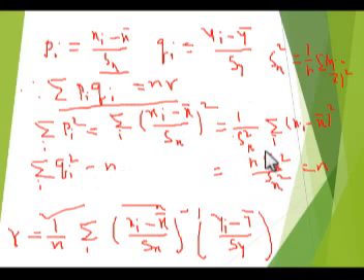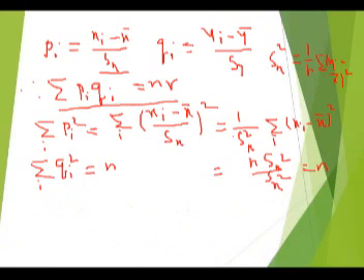Same way we will find out that summation of Qi whole square is equal to n. Now we know that every summation of squares is non-negative. So if we take Pi plus Qi whole square, the summation of squares must be non-negative.